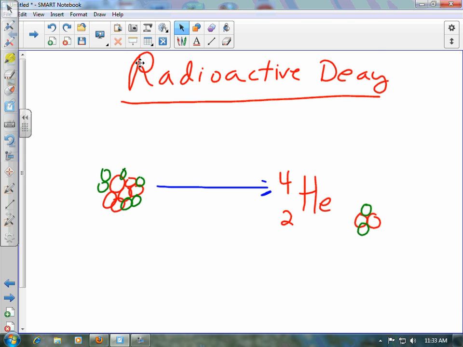And so this particle is moving at a high speed. Now, here's the trick. If that particle hits soft tissue, say an internal organ, it can penetrate a cell and damage the DNA within the cell and cause damage that way.